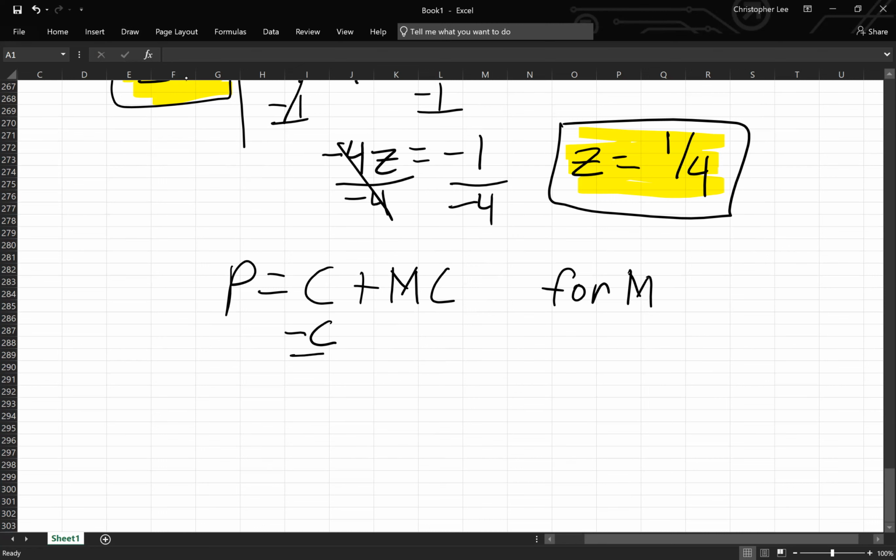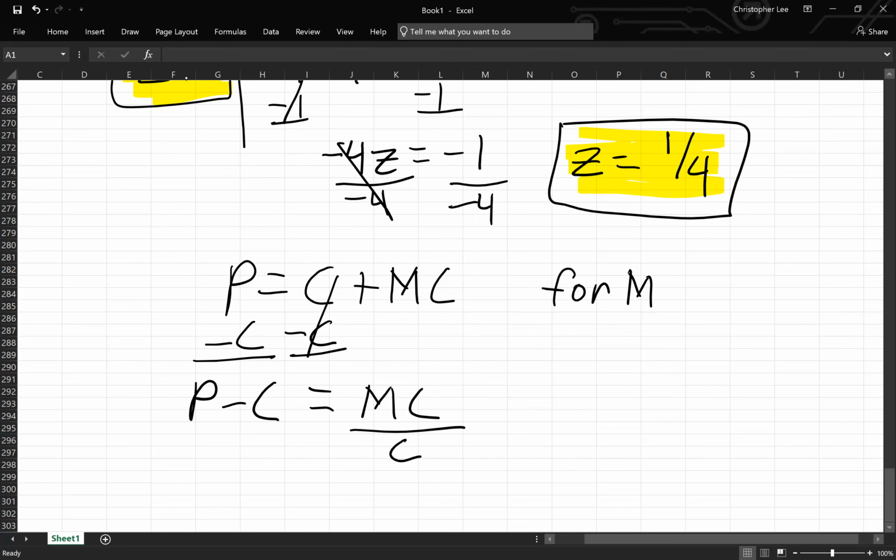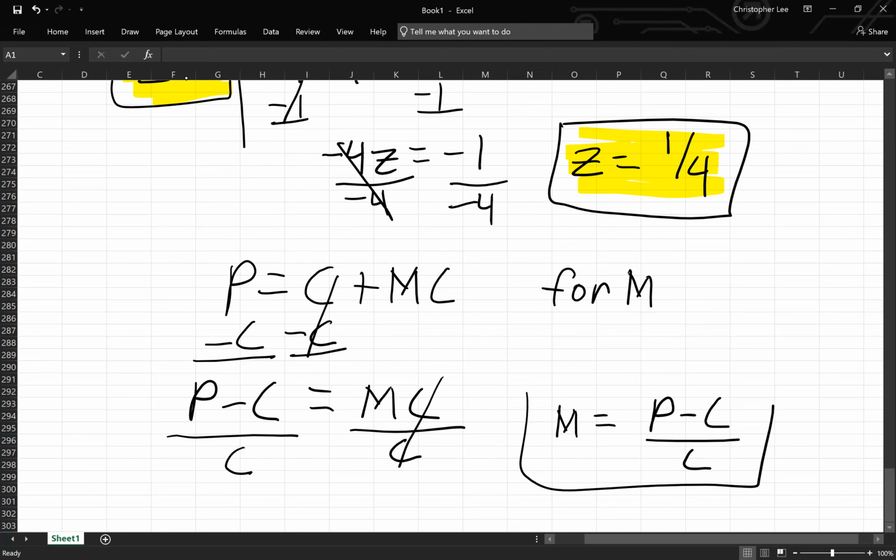So I'm going to subtract C from over here. What I do to one side, do to the other. So now I have P minus C is equal to MC. And then I want to divide by C to get M by itself. What I do to one side, I got to do to the other. So that's my answer right there. M is equal to P minus C over C. That's supposed to be a C, not an L.